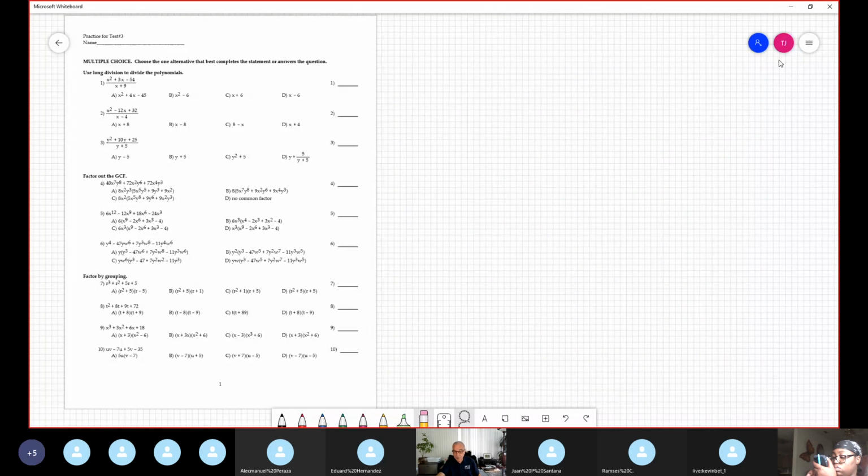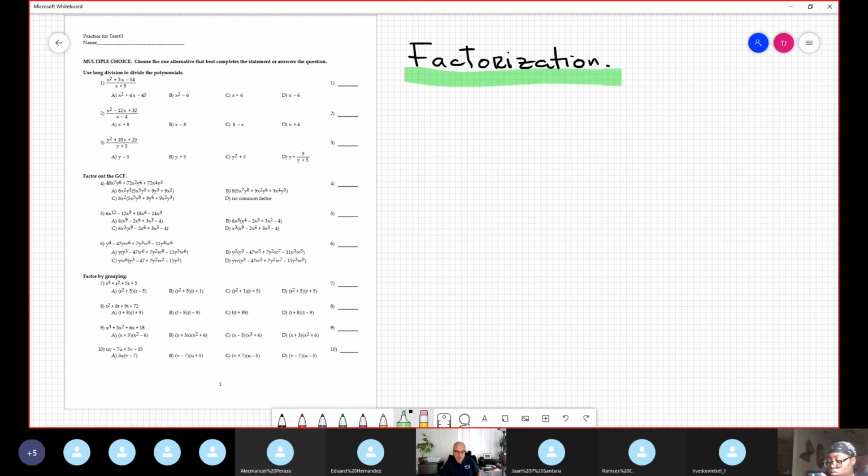Now the most important moment. Okay, factorization. So we're discussing factorization. Factorization is extremely important in algebra because we have to apply factorization several times for simplification or to find solutions. Okay, it's super important.